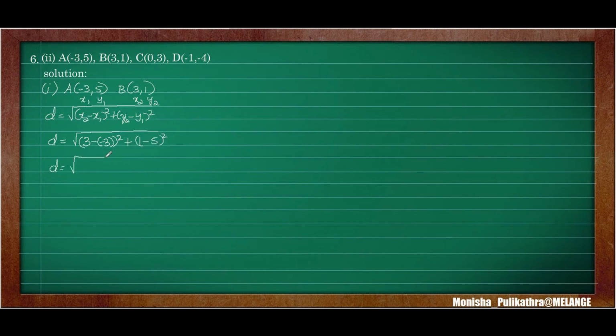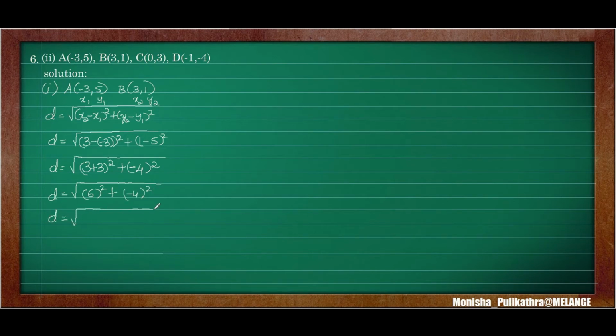So D is equal to square root of 3 minus into minus is plus, so (3 plus 3) whole square plus (5 minus 1) is 4, where the larger number has a minus sign, so we need to write the minus sign here. So 3 plus 3 is 6 square plus (minus 4) whole square.